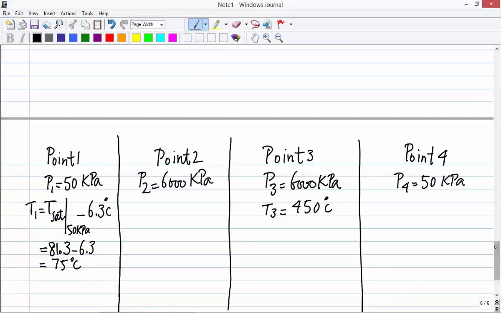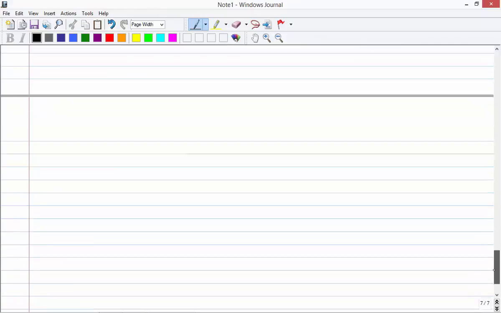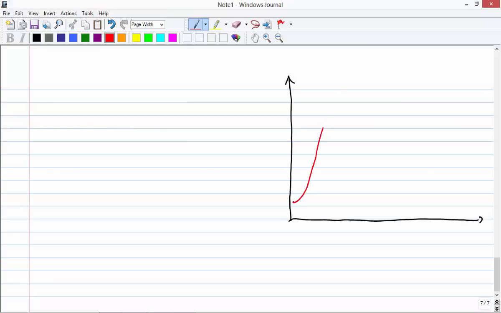Now I need to draw the TS diagram to make it more clear what is happening. Since the working fluid is water, we need to include the saturation lines. In the gas power cycle there is no saturation line.